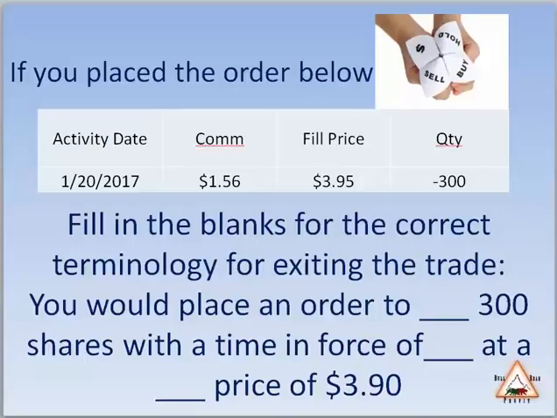You place an order to buy 300 shares, write this down, with a time in force of good till cancel, GTC, at a blank price of 390.